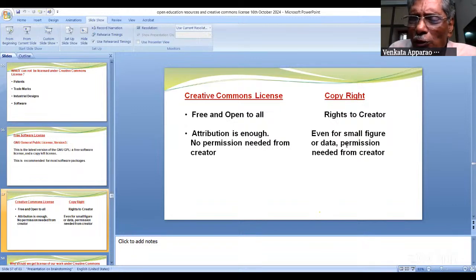So even if you go through Google, in images, all images are not copyleft. Most of the images you will see there are under copyright, right? So you have to get permission from the creator of that particular art piece.